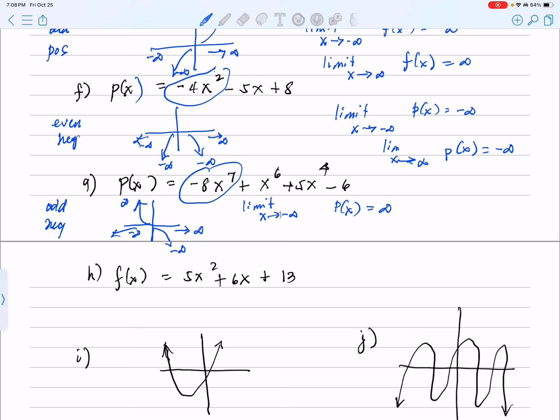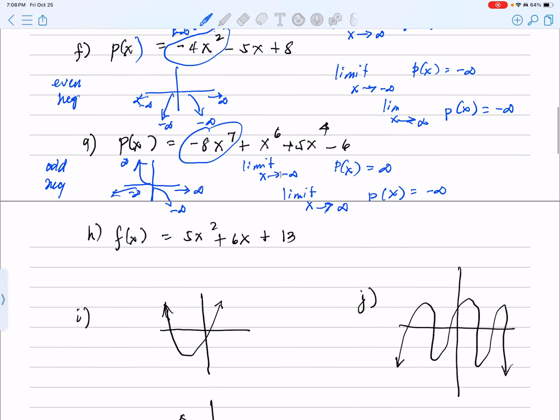Okay. And the other side, the limit as x approaches positive infinity, p of x is negative infinity, because this is odd and negative. Okay.